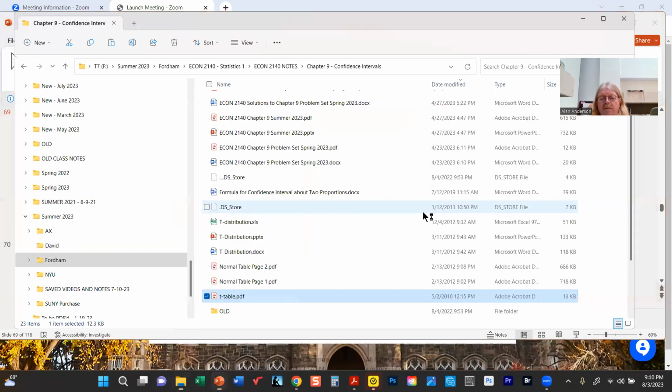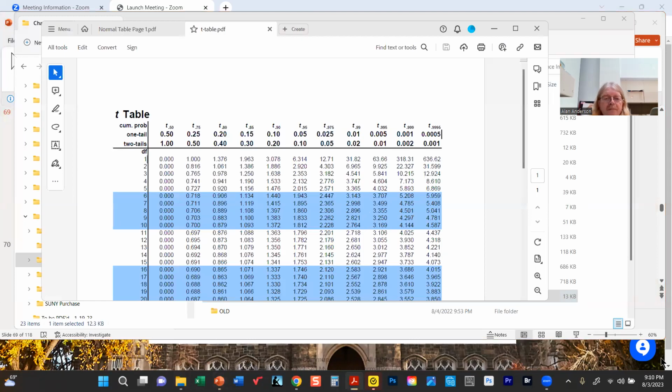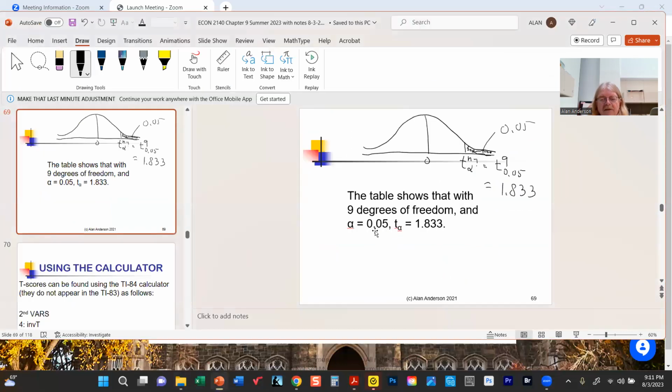According to this table, we find it at the intersection of what we call t95 with 9 degrees of freedom. And this 0.05 is the right tail area. So that's the 1.833.